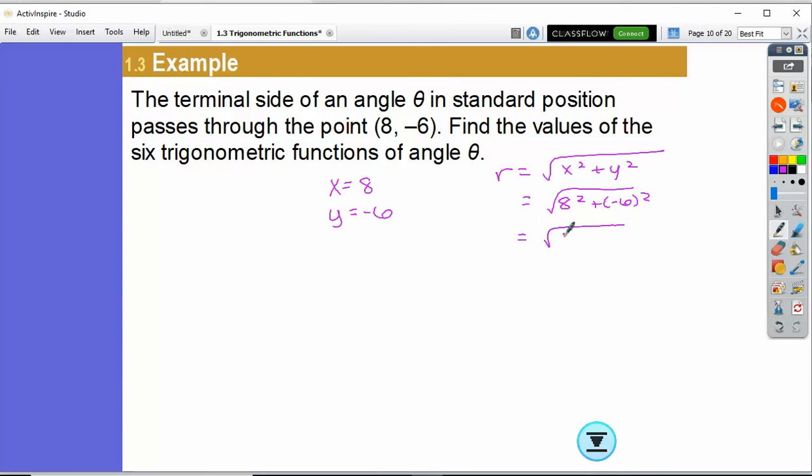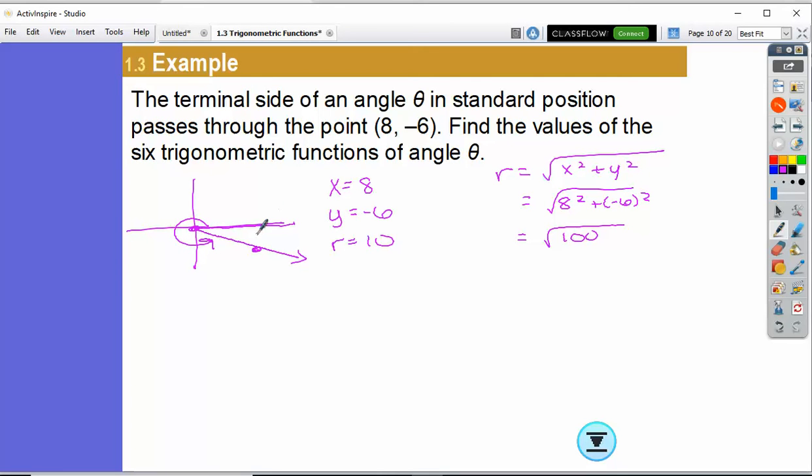So 64 plus 36 is 100, and r is 10. R is always positive. If you did draw this, my point 8, negative 6 is here in the fourth quadrant. It's talking about an angle in standard position, this angle down here.